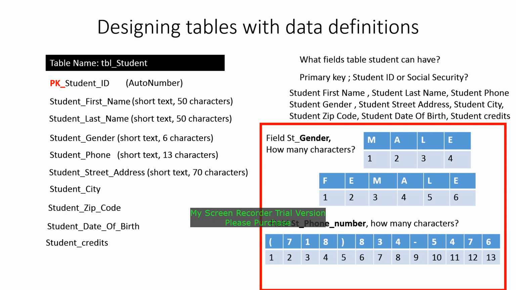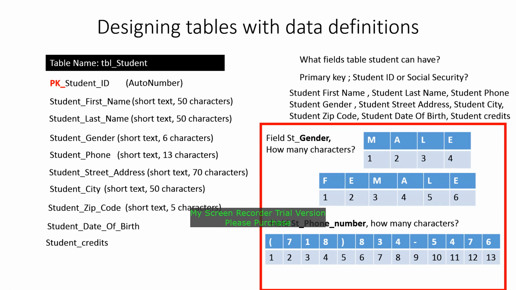Similarly, we add short text, 70 characters for street address, because street address can be long, but I think 70 characters is enough. Student city. City is 50 characters, should be good, because it's a pretty long name. Student zip code, usually we can record as short text, 5 characters.